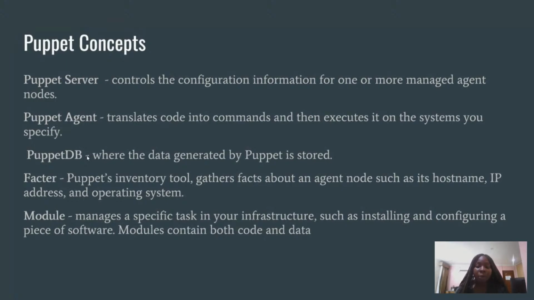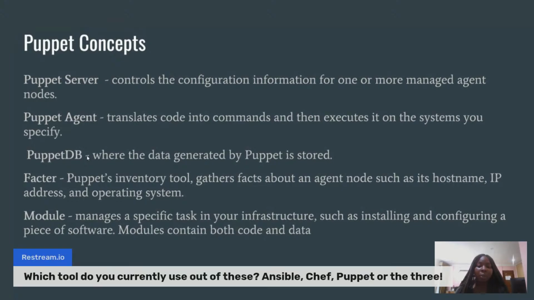And then you have your module, which manages a specific task in your infrastructure, such as installing and configuring a piece of software. A module contains both code and data, so you can specify your task using modules in Puppet.